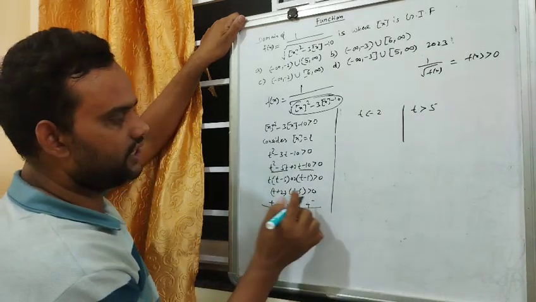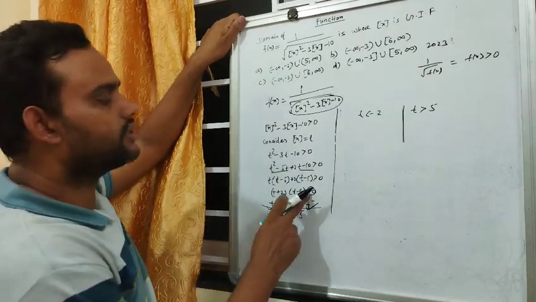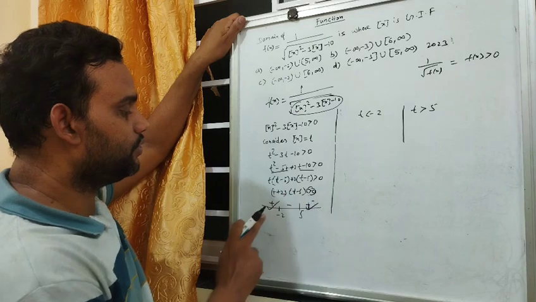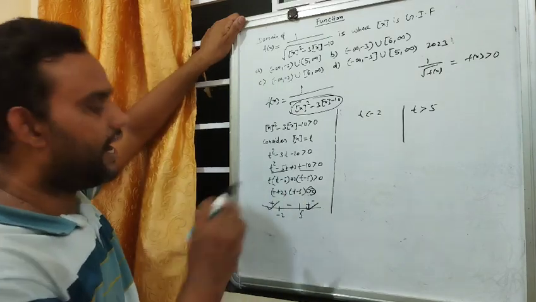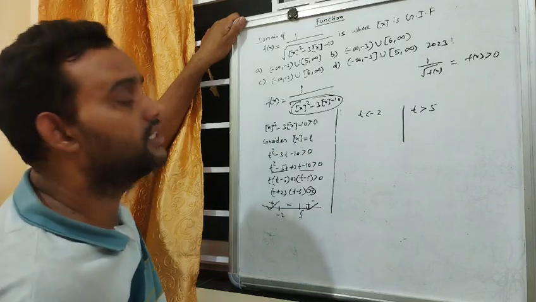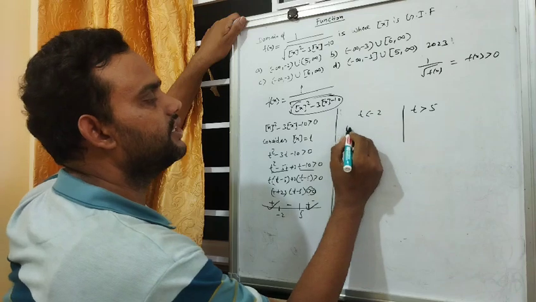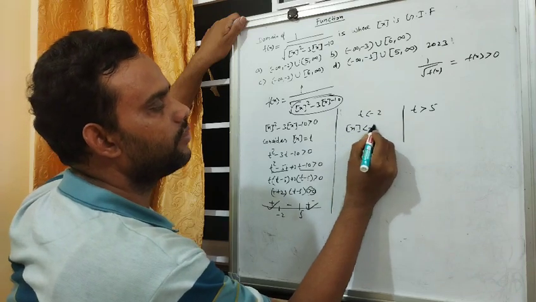We are taking the plus regions because the sign of the inequation is positive. So either t is less than minus 2 or t is greater than 5. So what we do: t is nothing but greatest integer x, less than minus 2.